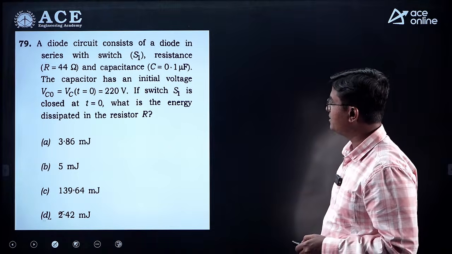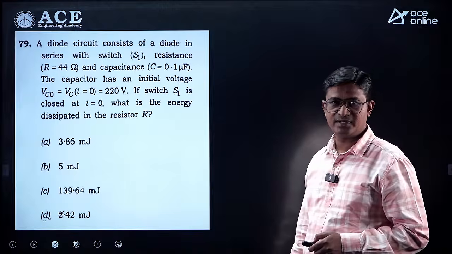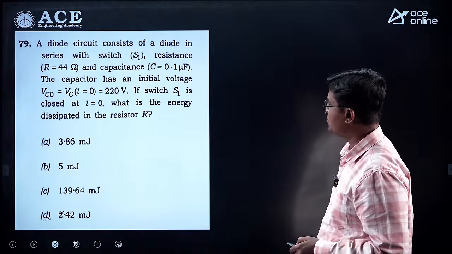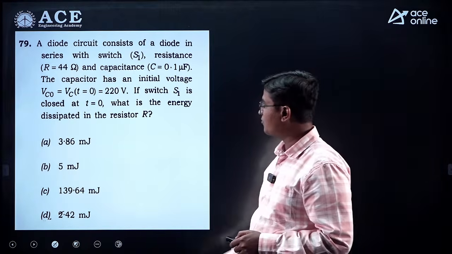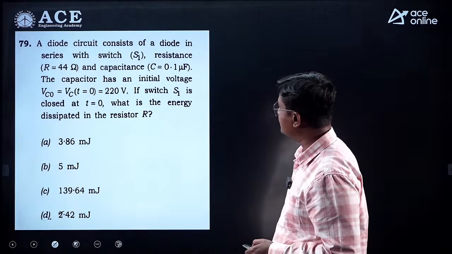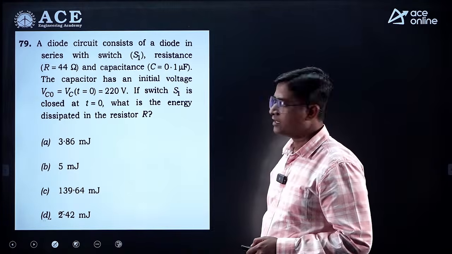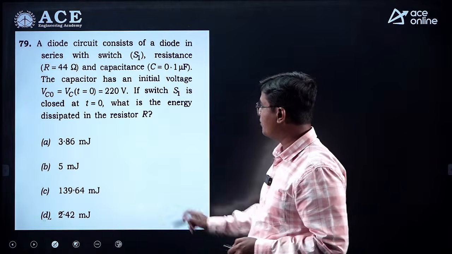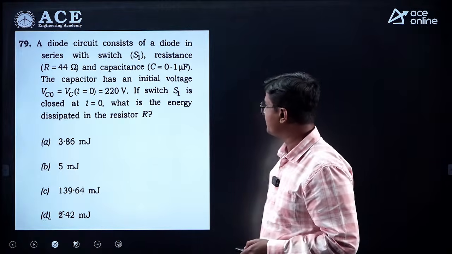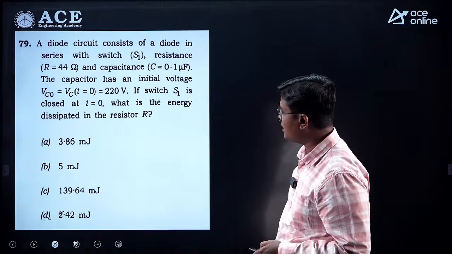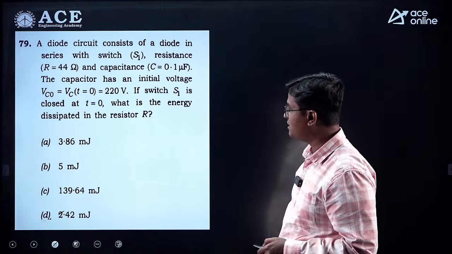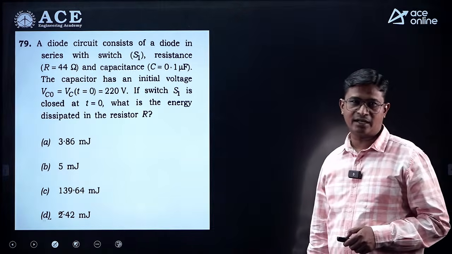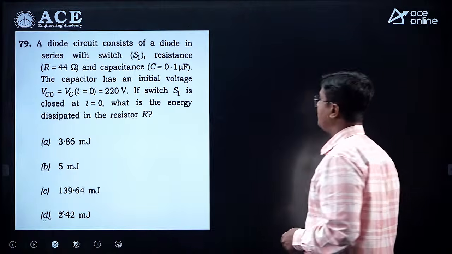The diode circuit consists of a diode in series with a switch S1, resistance given R 44 ohm and capacitance C 0.1 microfarad. Capacitor has an initial voltage VCO at t equal to 0, it is 220 volt. If switch S1 is closed at t equal to 0, what is the energy dissipated in resistor R? So they are asking what is the energy dissipated.